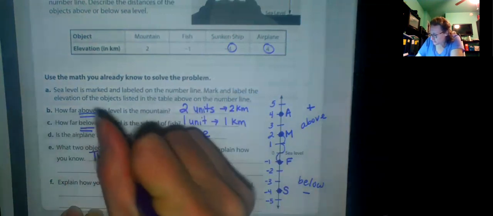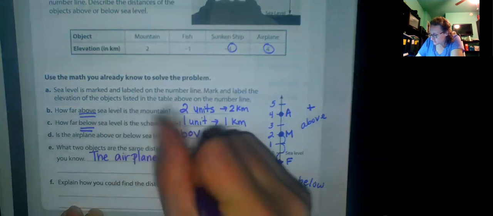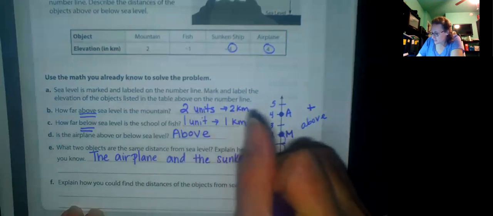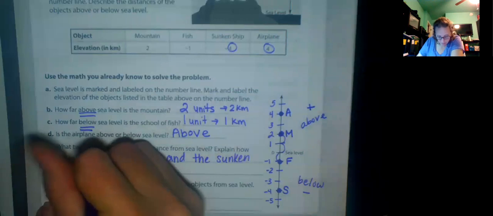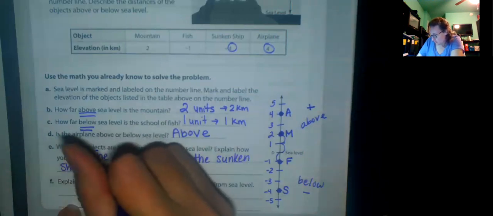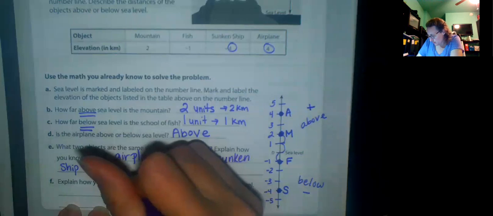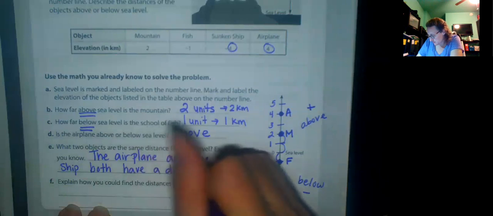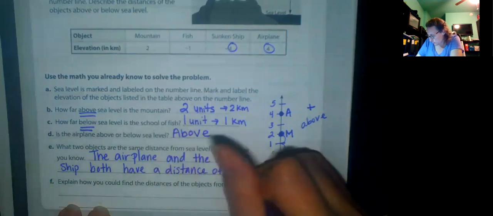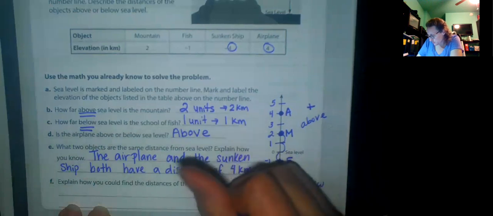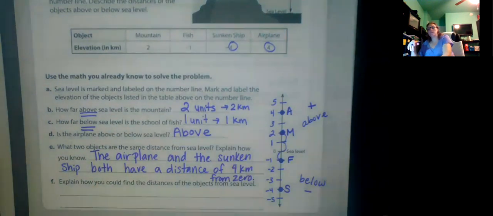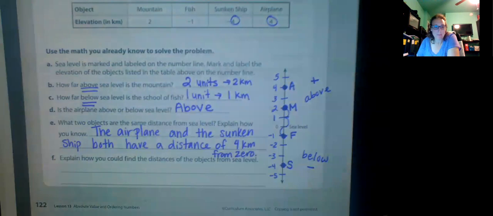So the airplane and the sunken ship both have a distance of 4 kilometers from 0, right? One's positive, one's negative, but it's still a distance of 4.